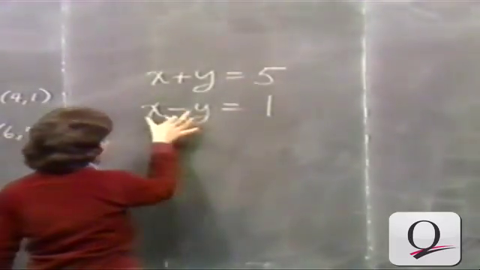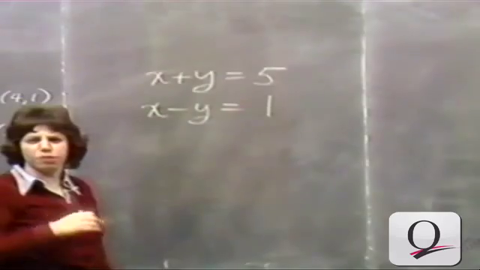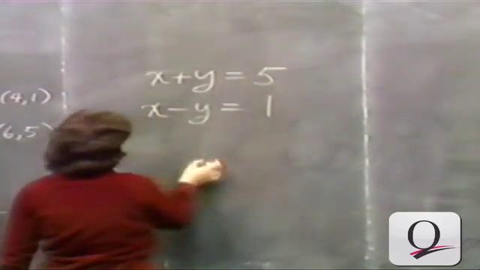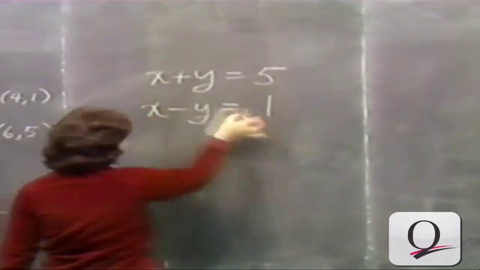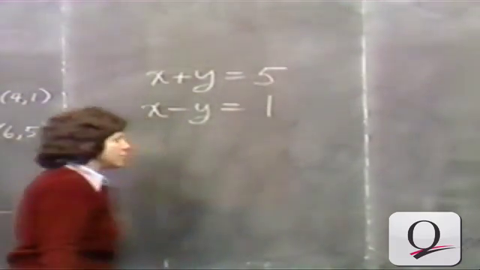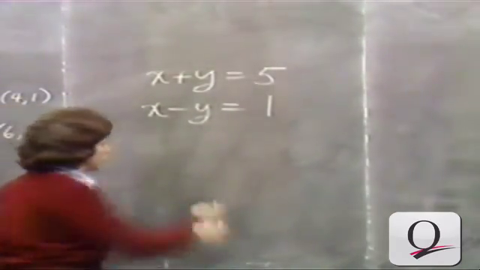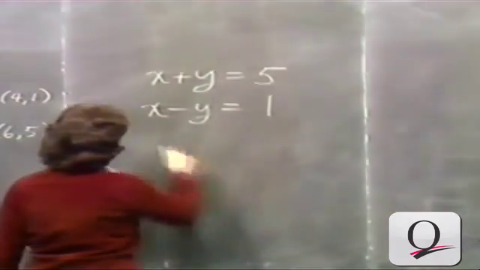If that's the case, this is equal to this. Now, we know we can add equals. We can add the same quantity to both sides of an equation. So if we have x plus y equals 5 and x minus y equals 1, we can add x minus y to the left side here and 1 to the right side. That is, we can add the equations and still get an equivalent equation, assuming, of course, that these two equations could be solved simultaneously.